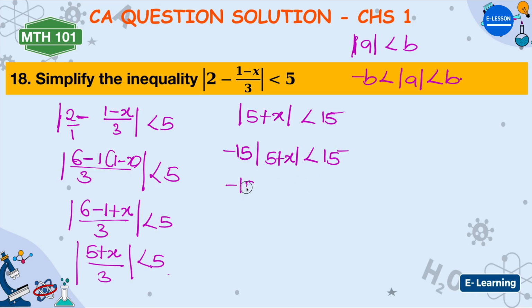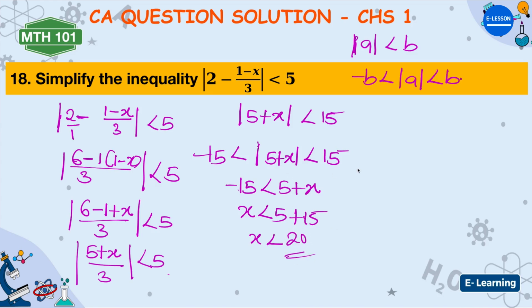The first one is minus 15 less than 5 plus x. For us to get x, you take this 5 to this side. So x will be less than 5 minus 15 cross to this side becomes 15. So x will be less than 5 plus 15 is what? 20.